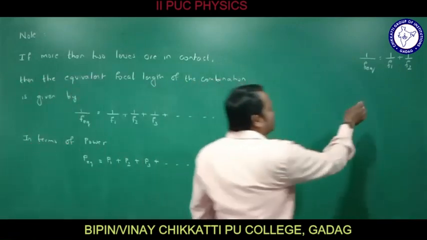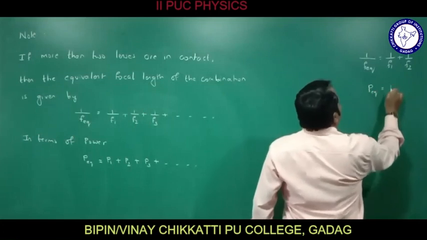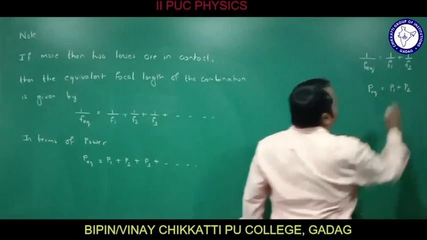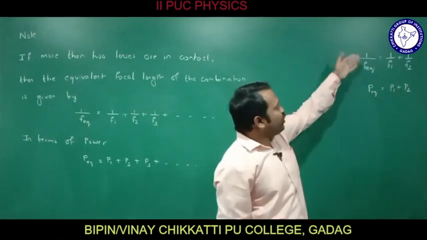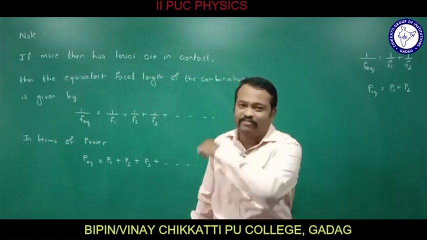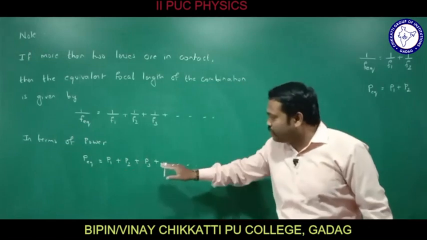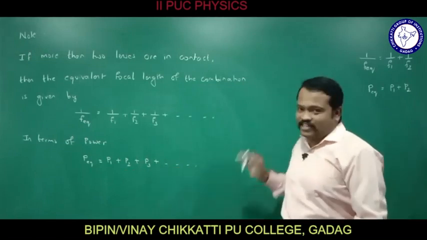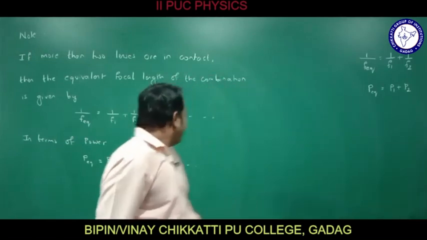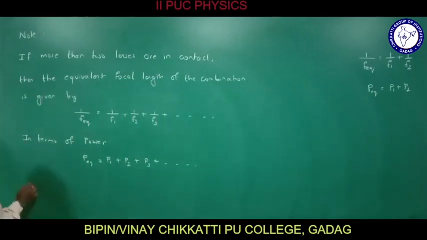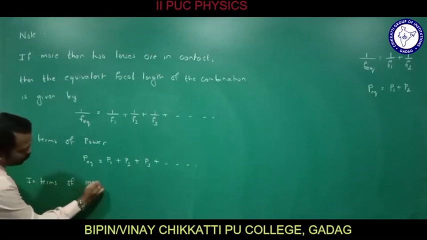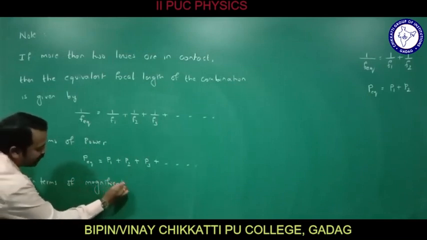If I take only two lenses, then equivalent power is equal to power of the first lens plus power of the second lens, because 1 divided by focal length is nothing but power. So in terms of power, P equivalent is equal to P1 plus P2 plus P3 and so on. Now let me write this in terms of magnification, meaning linear magnification.